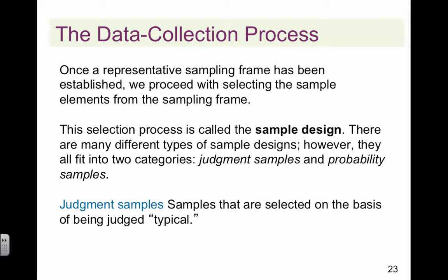Okay? So, to judge this process, we want to have different kinds of sample designs in two categories: judgment samples and probability samples. So, judgment samples are selected on the basis of being judged typical. They're normal. They're reasonable.